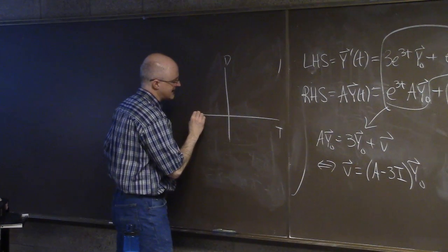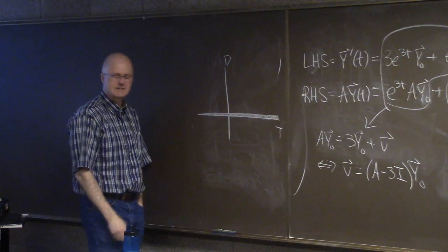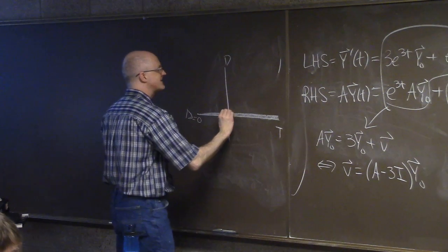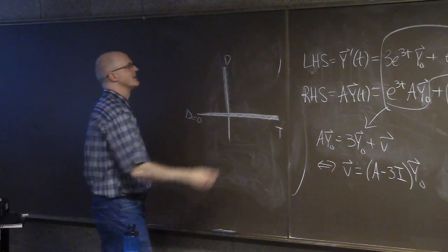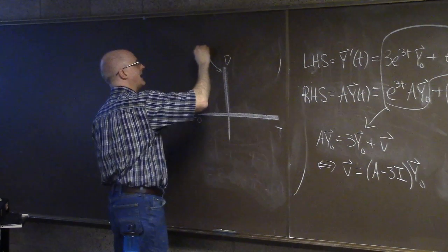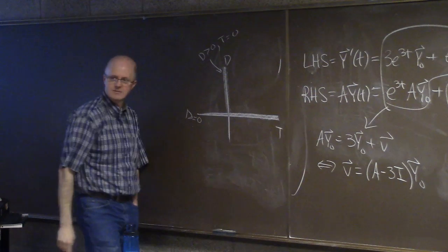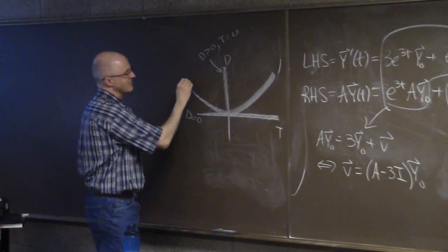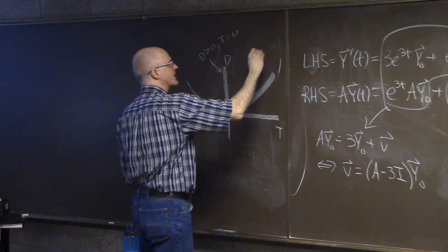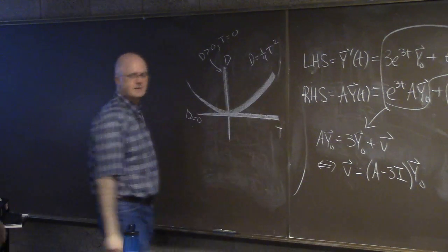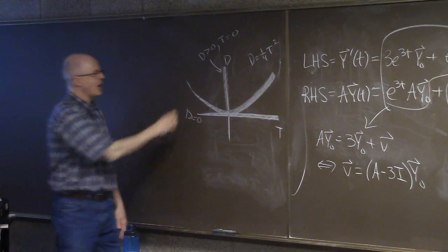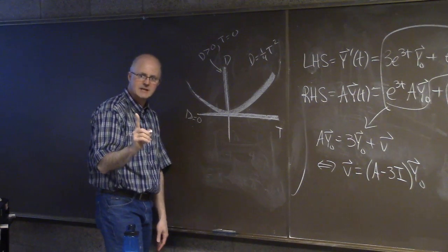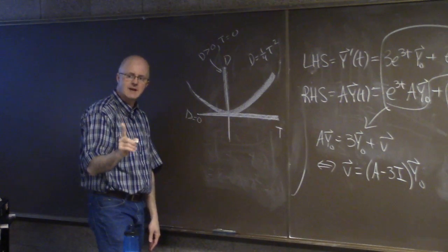You've got the three critical loci: the t-axis where d is 0, where the determinant is 0, the positive d-axis where d is positive and the trace is 0, and this repeated root parabola, d as a function of t is 1/4 t squared. It's along that repeated root parabola where you have repeated roots, where in 2 by 2 cases you have one repeated eigenvalue.